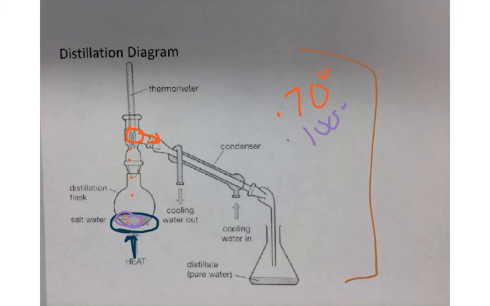So now the gas is spreading, and you put it through a condenser. This condenser has cool water running on the outside. As soon as you hit that gas with cool water, it's going to instantly turn to a liquid. That liquid goes down the condensing tube through a funnel, and then you can catch the liquid that has a boiling point of 70 in another beaker.